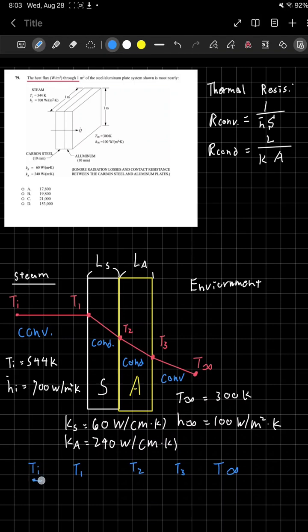And this is our resistance network. We do this because solving a problem like this is very analogous to an electrical circuit resistance network, so we can use that to solve this question.